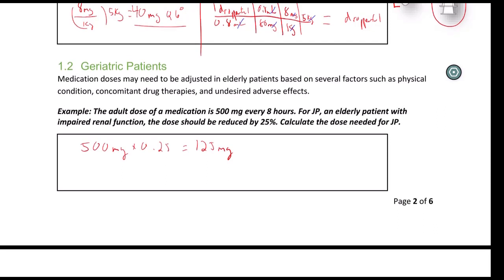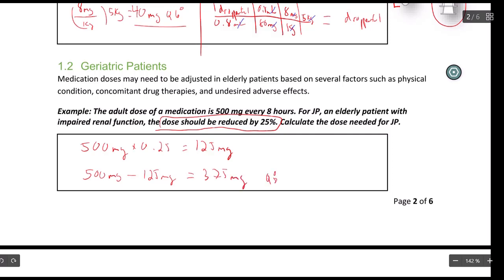So the dose should be reduced by 25%. You're going to take the 500 milligrams and subtract 125 milligrams. And now you're going to get 375 milligrams. That's the dose every 8 hours, Q8 hours.